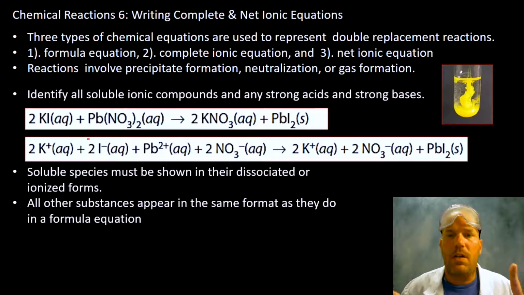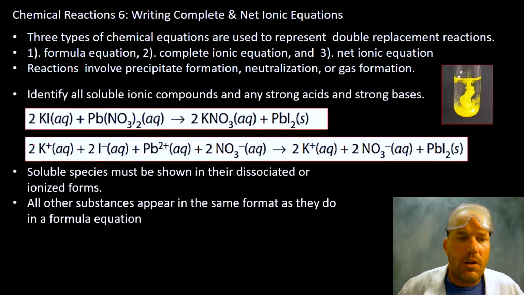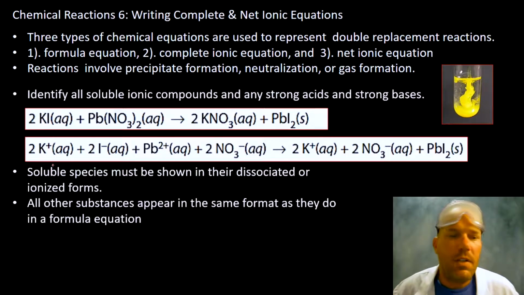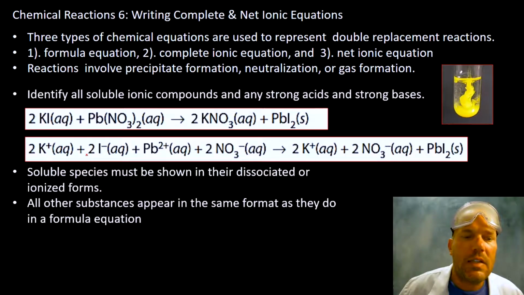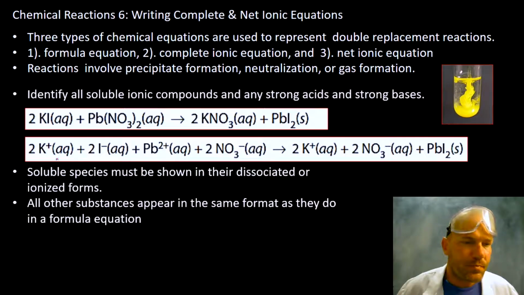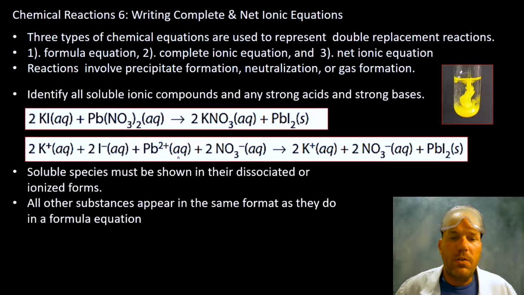Now, I have several examples in this podcast. This is just for you to take it in, get some notes, and have a starting base point for subsequent equations. So basically what you're going to do is identify all soluble species. These are species that will ionize in an aqueous environment, and you're going to show them in their dissociated form.